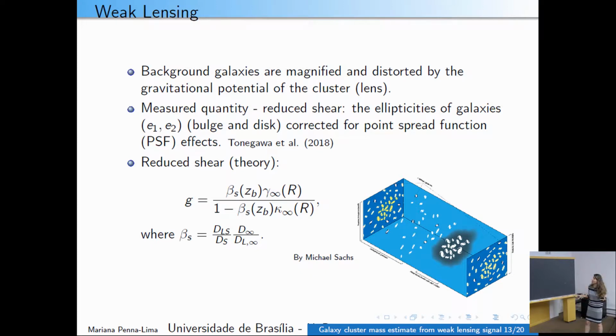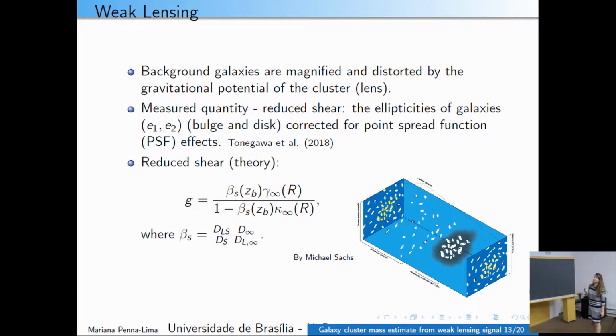Today we have had two presentations that described these quantities and showed us nice plots. We have here our cluster, which is going to lens the background galaxies, so it is going to distort the shape of these background galaxies.